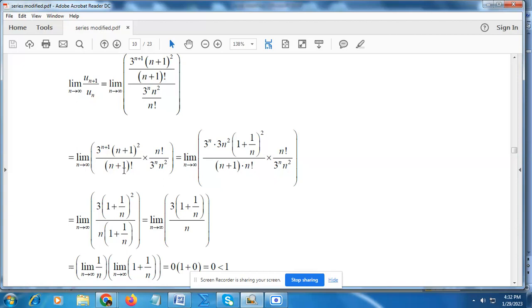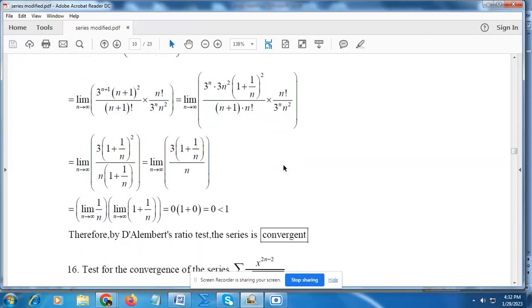That is n square into 1 plus 1 by n whole square into n factorial. N plus 1 factorial can be written as n plus 1 into n factorial, divided by 3 power n into n square. Already I discussed n plus 1 factorial as n plus 1 into n factorial in my previous video.